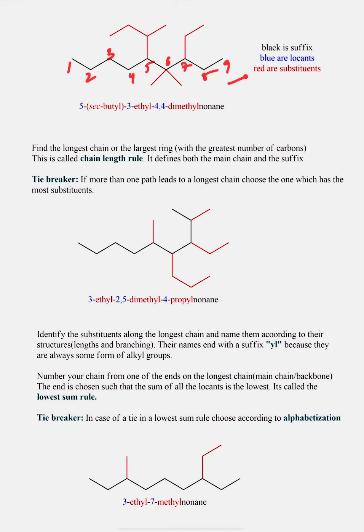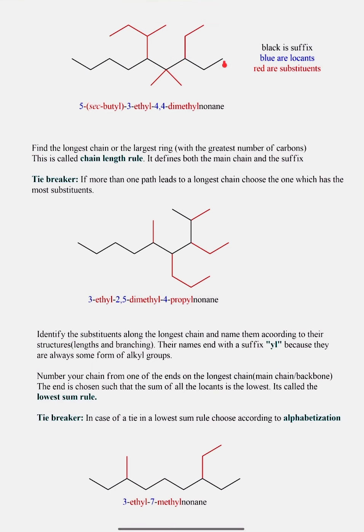If I add 5 plus 6 plus 6, because there are 2 substituents attached there, plus 7, what do I get? I get 12 plus 12, 24.